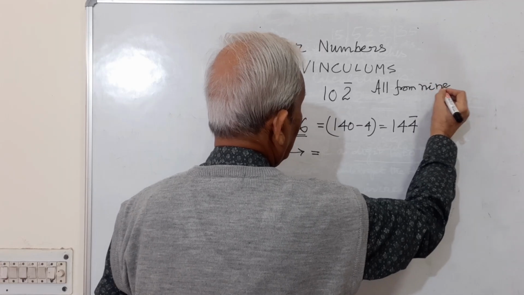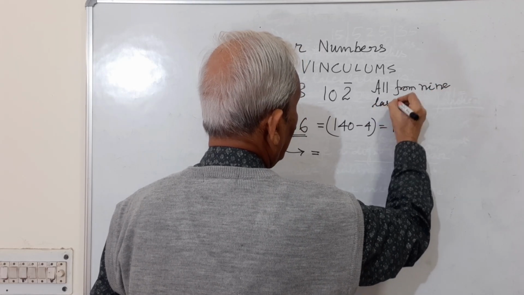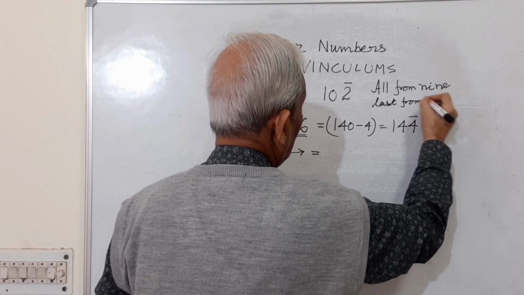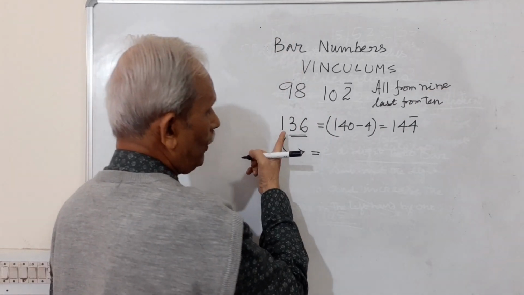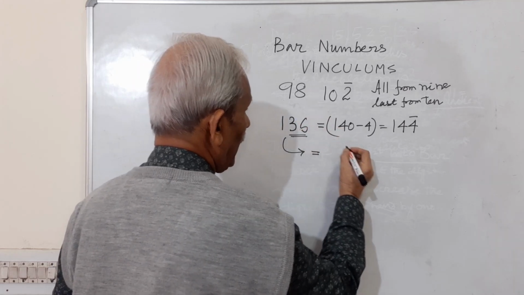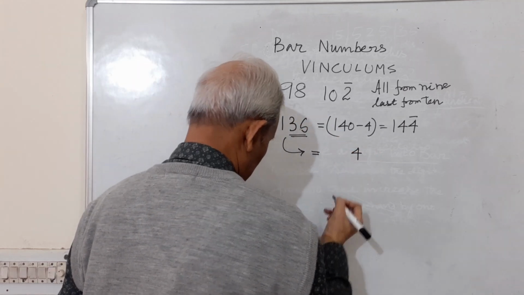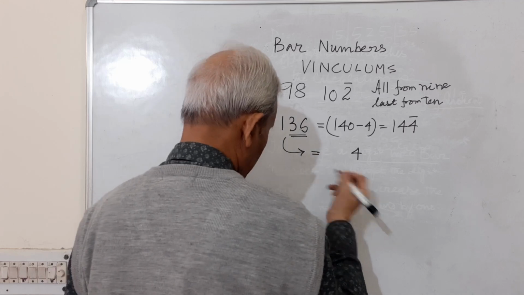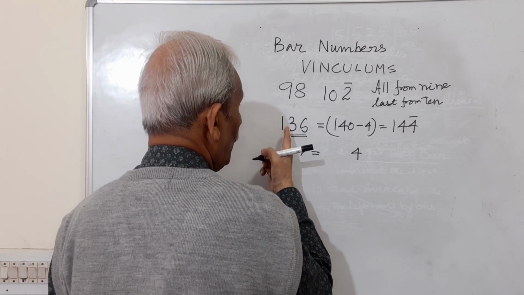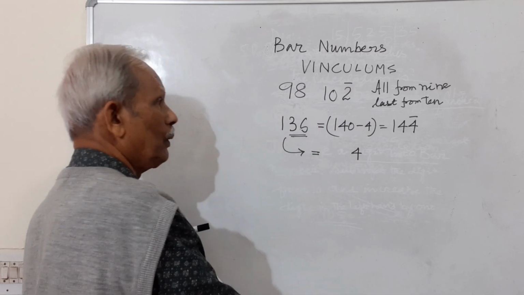All from 9, last from 10. If you remember this, the first number we reduce from 10, making it 4, and the second number, this 3, we are going to increase by 1.